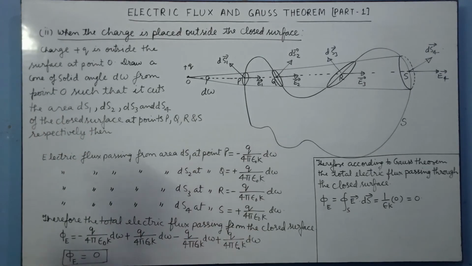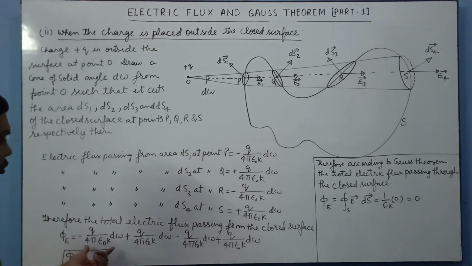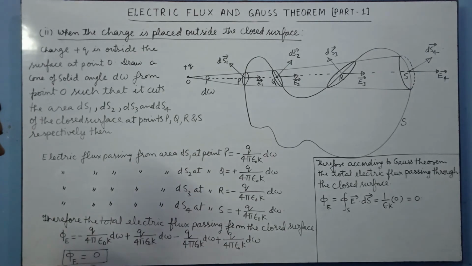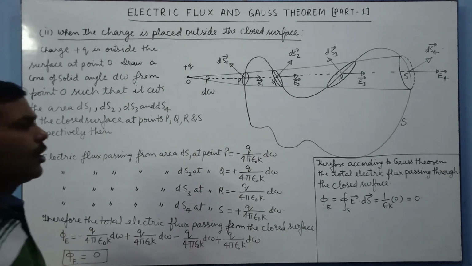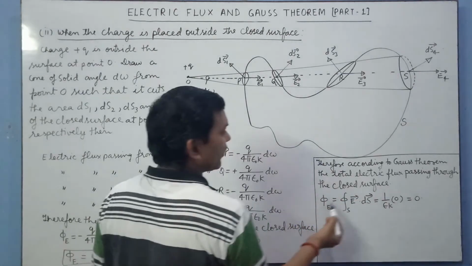Now to find the total electric flux passing through this closed surface, we sum all these fluxes. So the total electric flux ΦE is the sum of all these four fluxes. You can easily notice they all cancel each other and we get net flux ΦE to be 0.